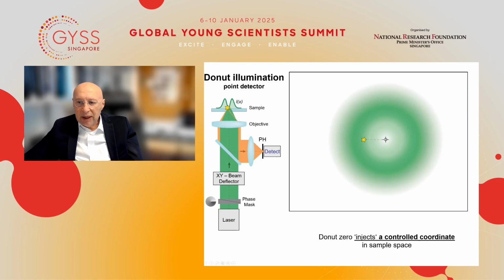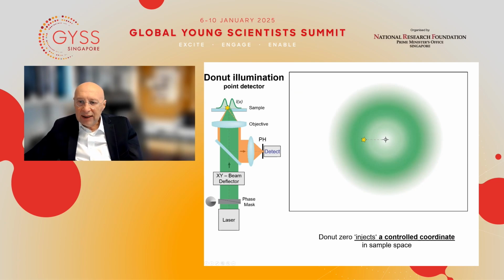And then, of course, we know always where this point is, because not only is it very well defined, but we can also push it around in the sample space with a beam deflector. So we have a kind of mirror or something that tilts its position, or some other device, and the result of that is that we can push this donut around in sample space at will with arbitrary precision and with maximum accuracy.